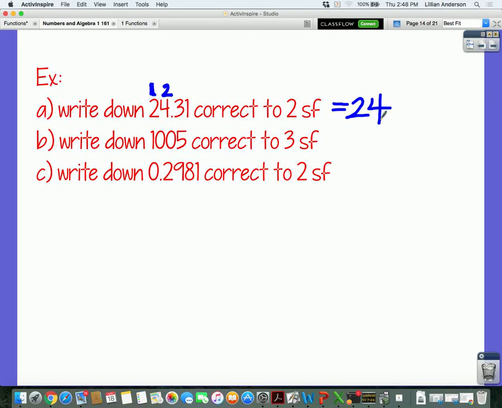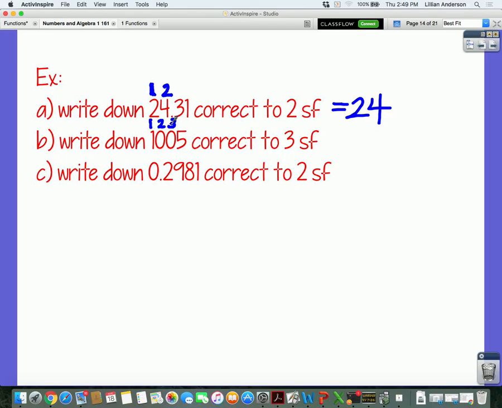We okay? This one says write down 1,005 correct to three significant figures. Where do we start our count? At 1. So here's my first significant figure, here's my second, here's my third. So technically, I'm going to round at this point.